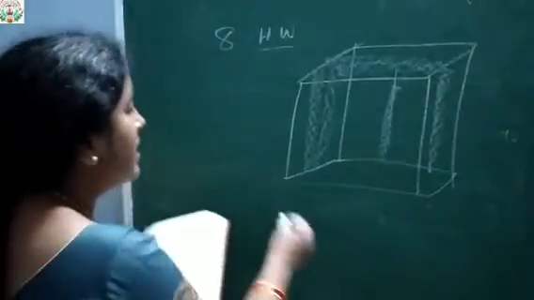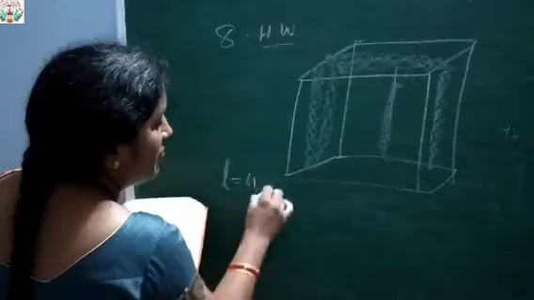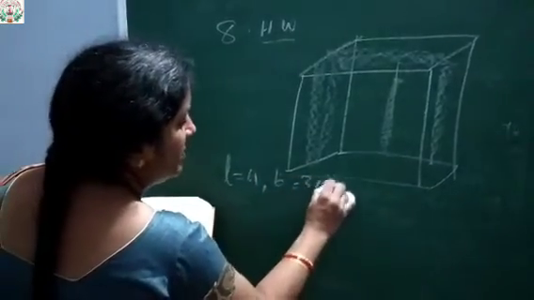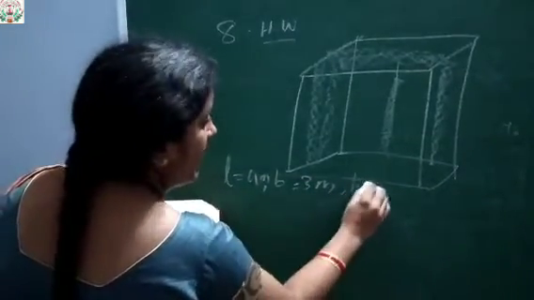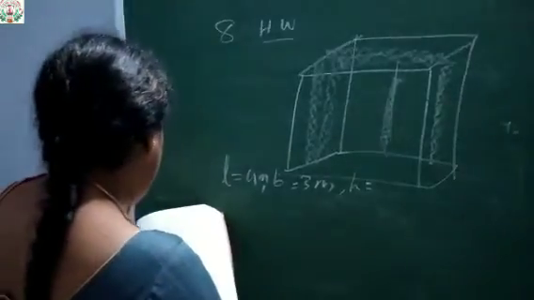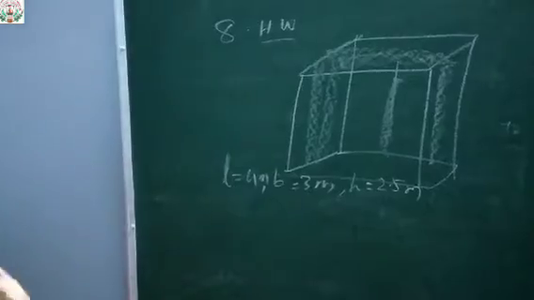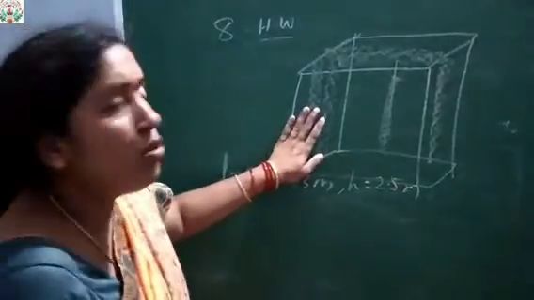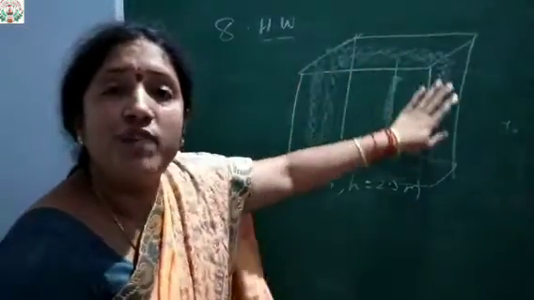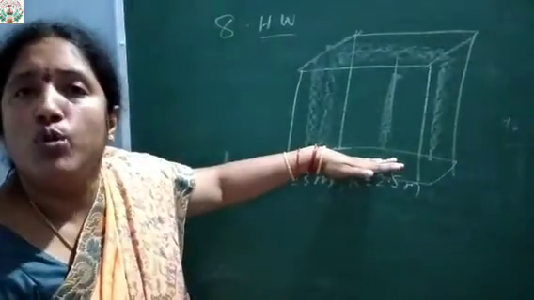That means L is 4, B is 3 meter, and the height is 2.5 meter. Now see, children, in this case the tarpaulin cloth covers all the 5 areas except the floor.